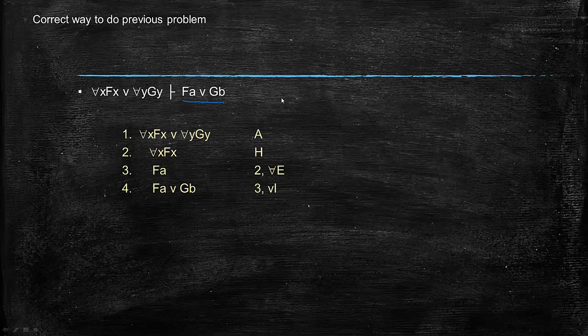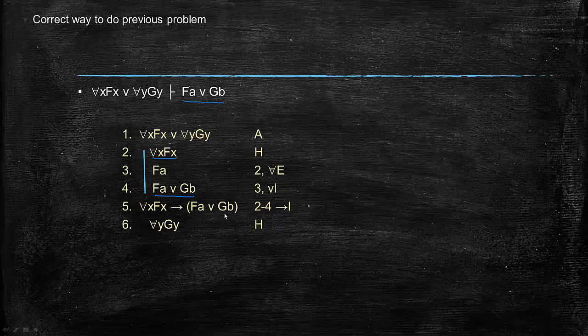So then remembering how to do conditional introduction, right? And if you don't remember, you got to review this. We now have if this, then this, right? Take away the indent, drop the line. So now we have if for all x, fx, then fa or gb.